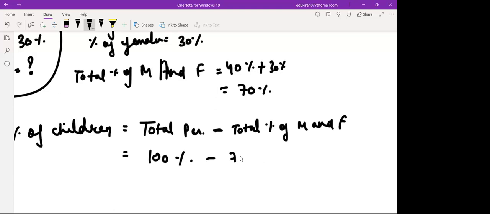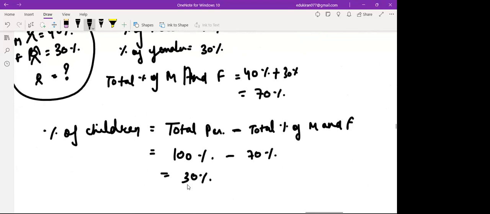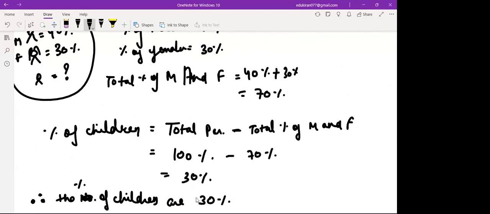Minus 70, right? So what did you get? 30%. So this is your answer, and you will write therefore here. These 3 dots mean therefore, right? Therefore, the percentage of children are 30%. Clear?